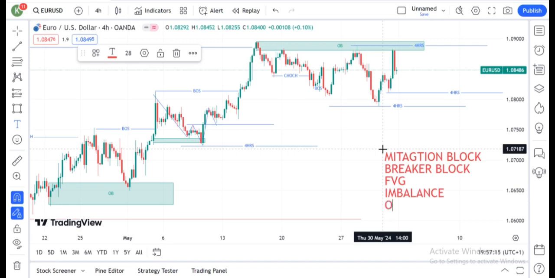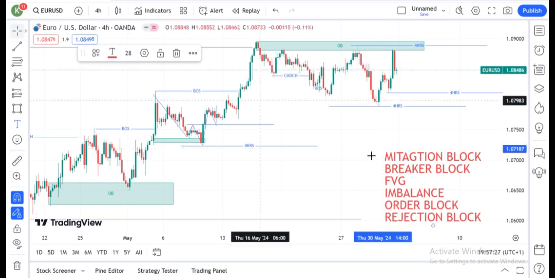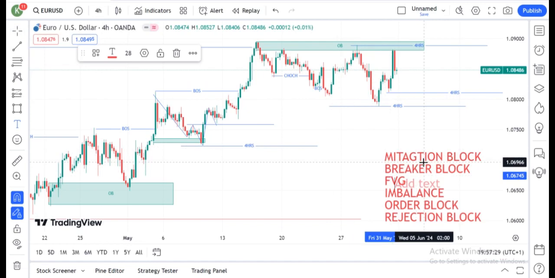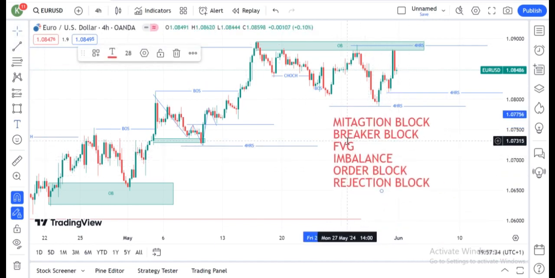Then we look out for order block. Then we look out for rejected block or rejection block. Okay, these are the things that we're going to be using. So this is the order of the confluences. Mitigation comes first before breaker, then FVG.